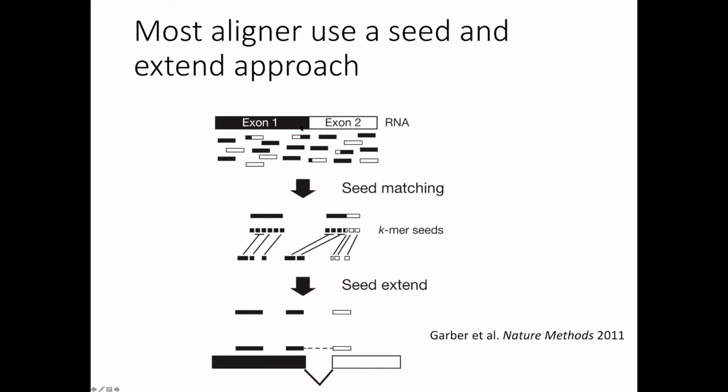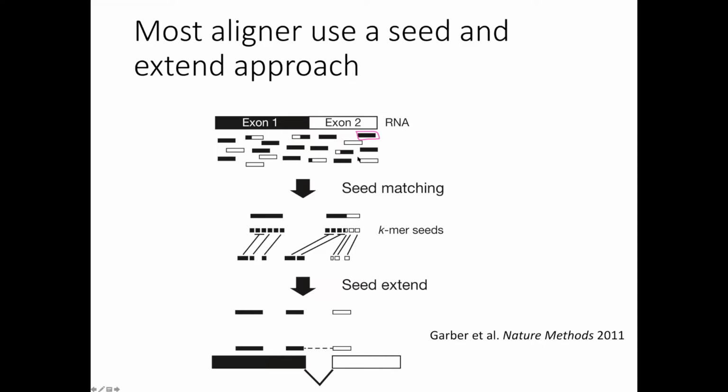Okay, so what happens then is that this RNA is converted into cDNA and fragmented. So now we have the fragments that go into the library, and that is then sequenced, giving reads.